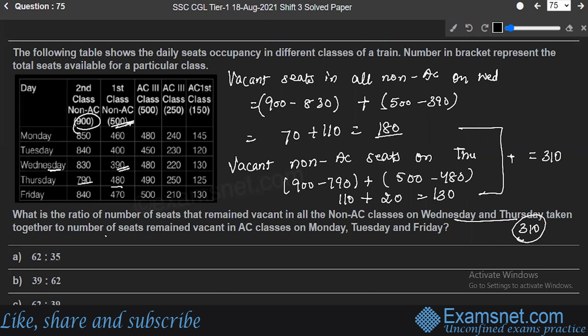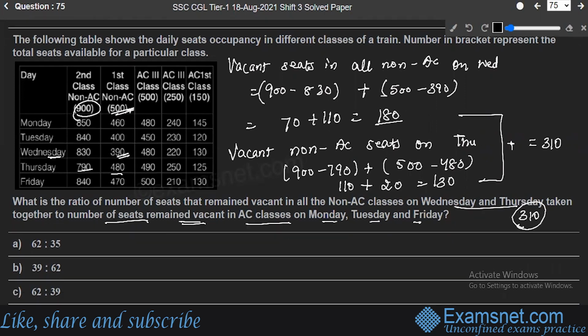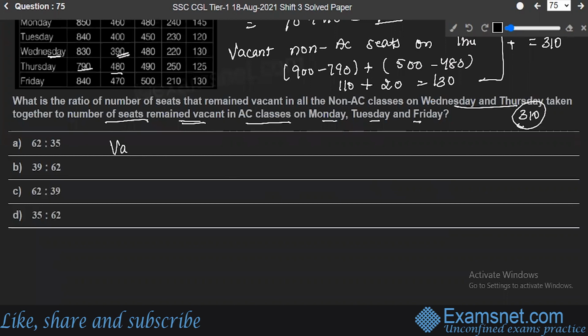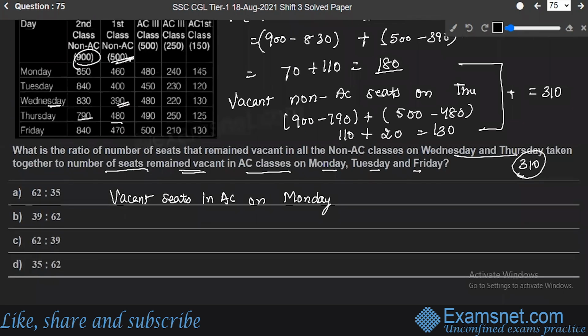Now the next part: the number of seats remaining vacant in AC classes on Monday, Tuesday, and Friday. Let's solve this. Vacant seats in AC on Monday: 500 minus 480 plus 250 minus 240 plus 150 minus 145.